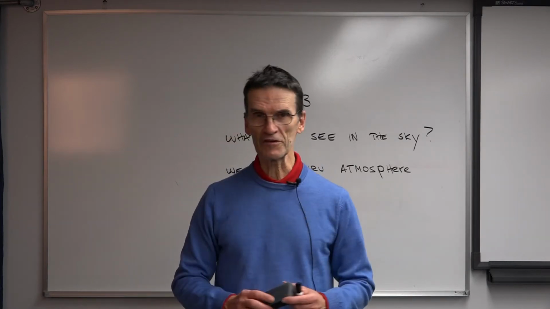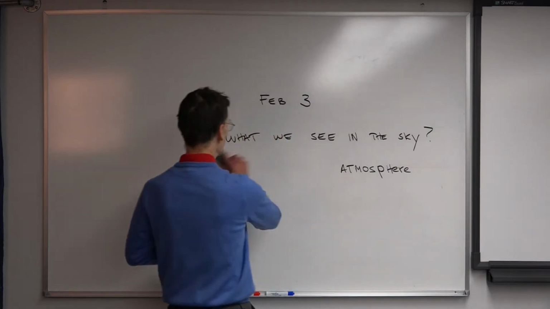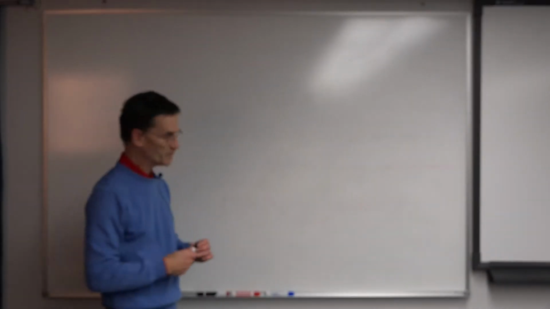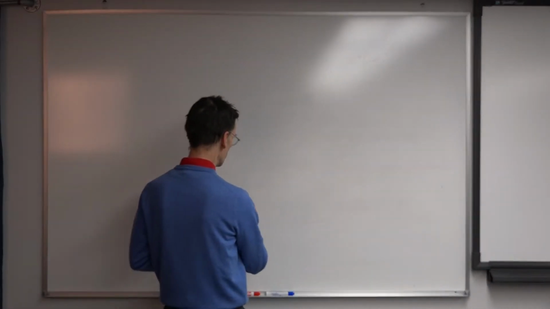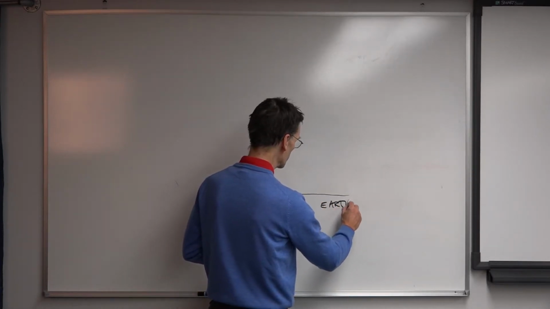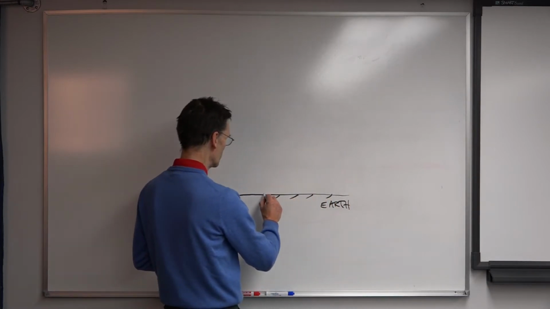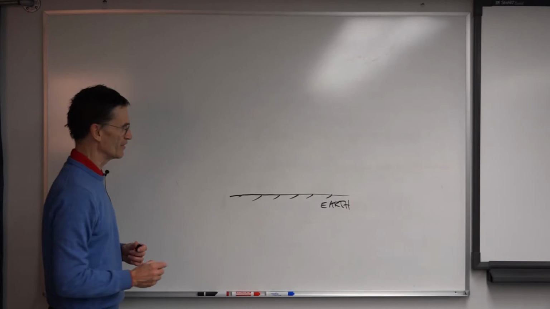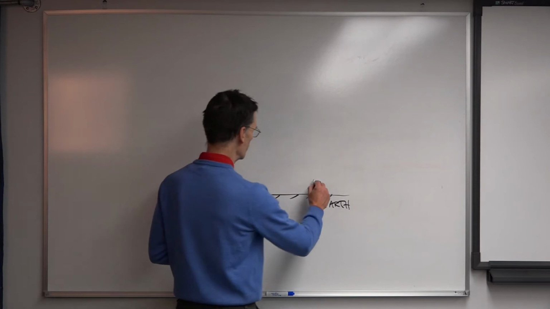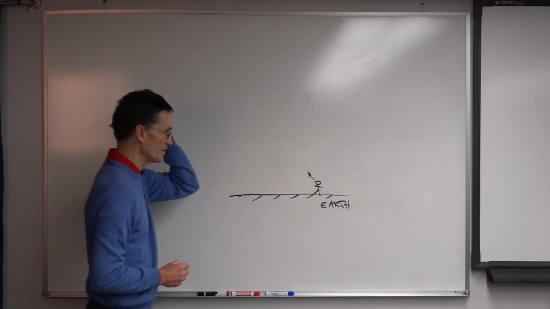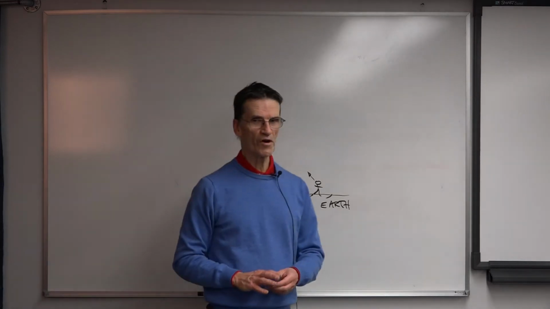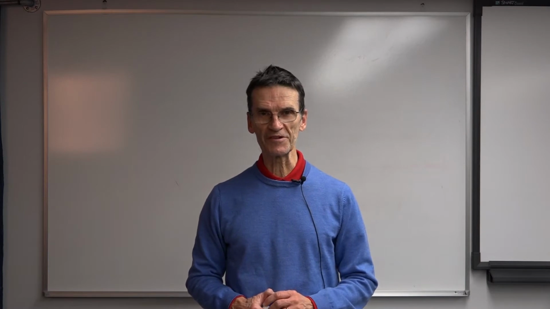Let me just put a little diagram here to illustrate how thick the atmosphere is. So if this line represents the surface of the Earth, and you're standing here, and you're looking up into the sky, the atmosphere, now there's no clear absolute number to this.